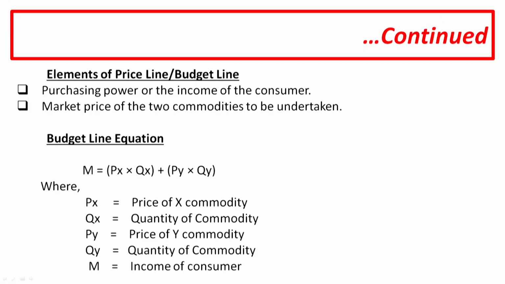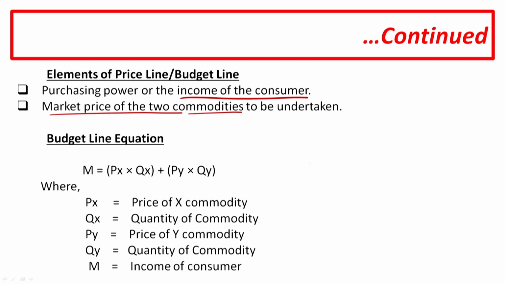The consumer cannot spend more than its income because it is beyond its approach, and at the same time he is not going to underutilize its income, because in that case the consumer is not getting the maximum satisfaction. Elements. Two most important elements of price line are income of the consumer and second, market price of the commodity.